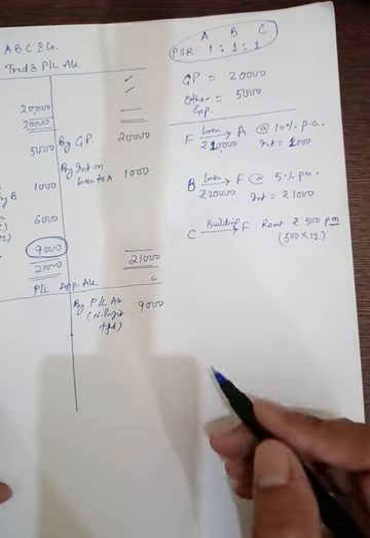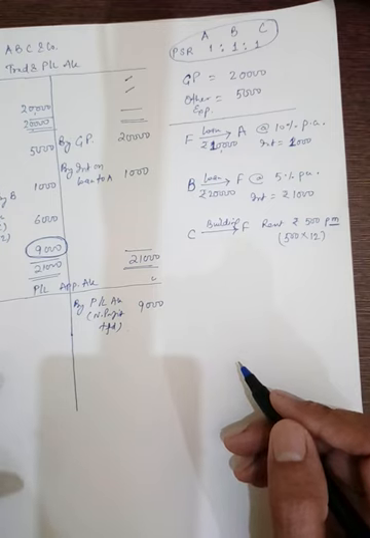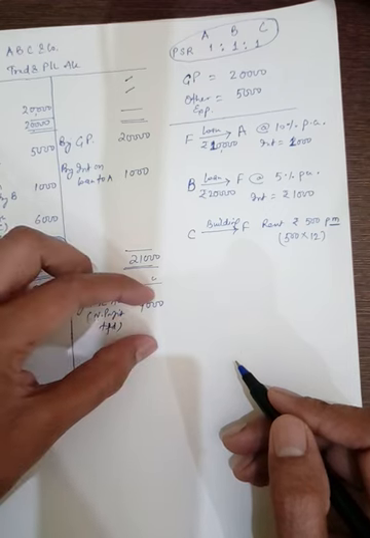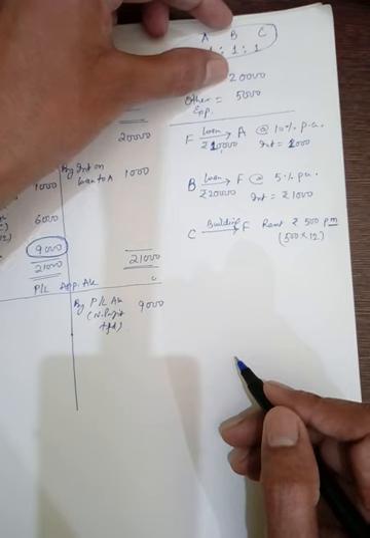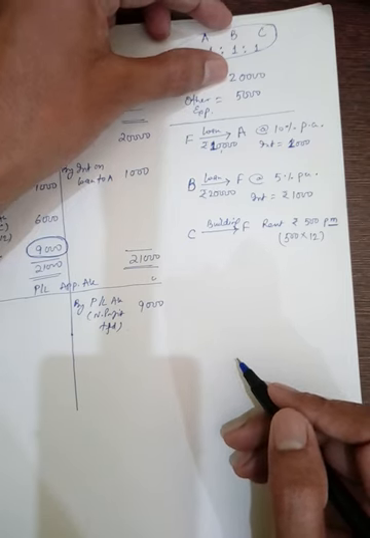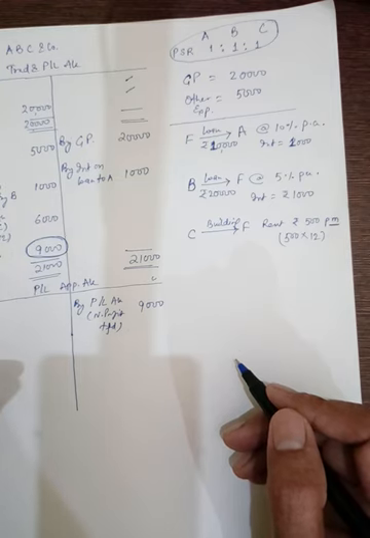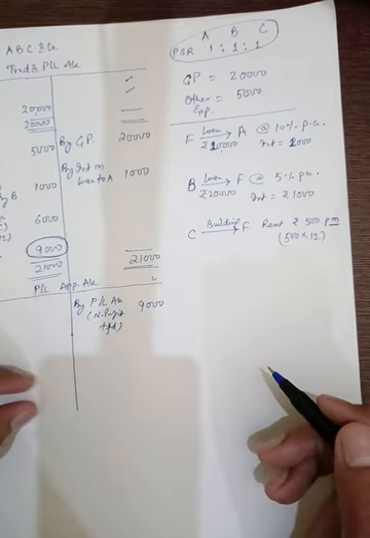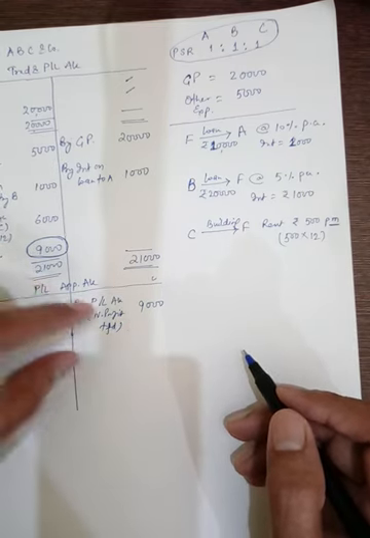Now after this I shall discuss with you those items which are purely appropriation of profits. This 9,000 could have been transferred to all partners in their profit sharing ratio, but if this is not the case, if the partnership deed has a provision for giving interest on capital to partners, for giving remuneration to partners, and for transfer to reserves, then in that case this 9,000 will be first apportioned.